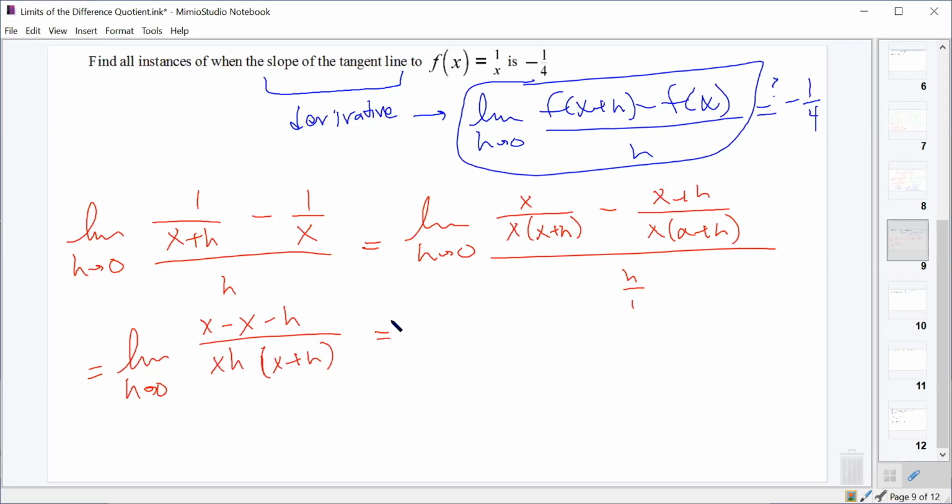Good or no? All right, so now we have the limit as h approaches 0 of -h over h times x plus h, or the limit as h approaches 0 of -1 over x times x plus h.